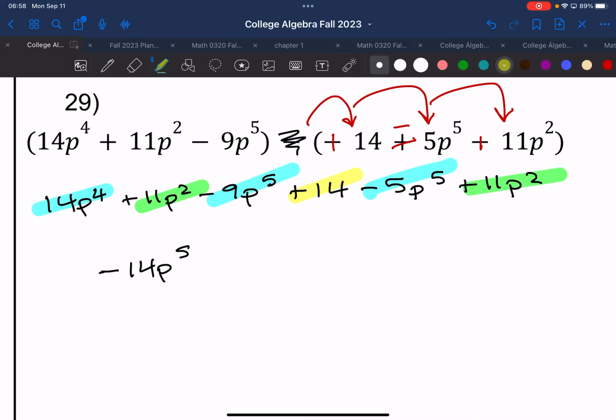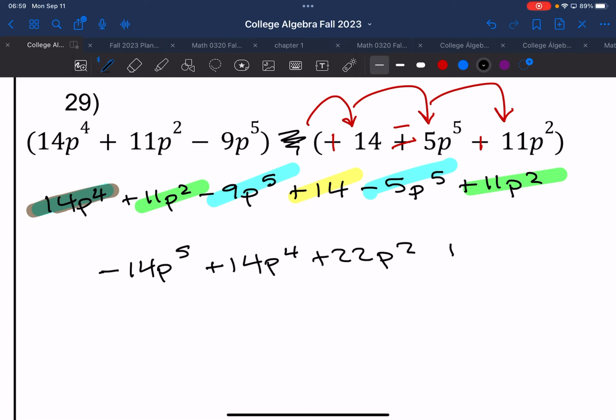And I just realized I should have made this one a different color. Okay, then we're just going to bring down that plus 14p to the fourth because it's by itself. And then what's the next part that we're simplifying? Good, so we have 2 plus 11p squared, so that's 22p squared.